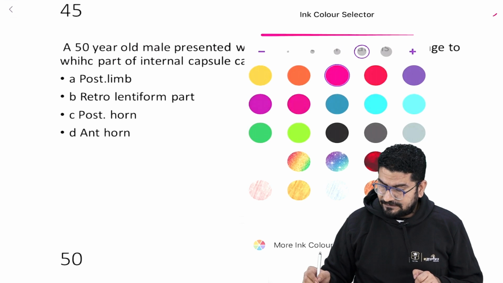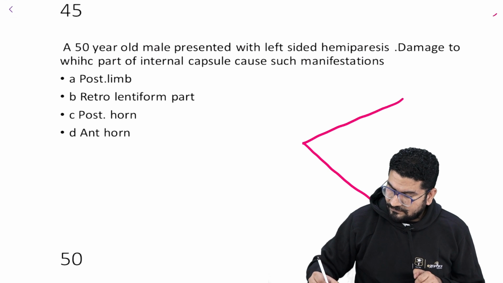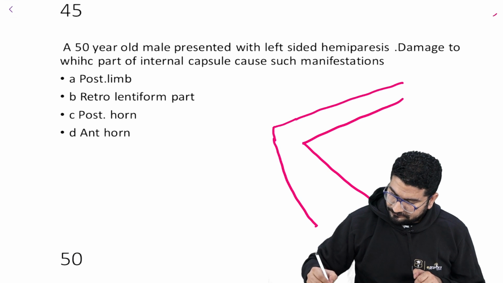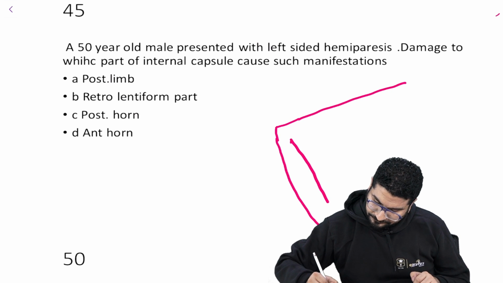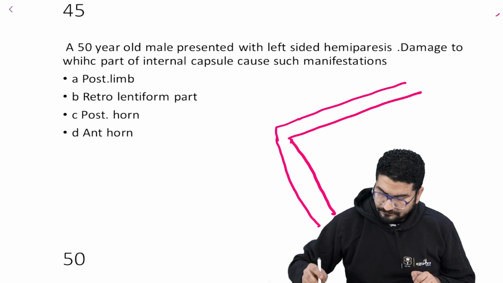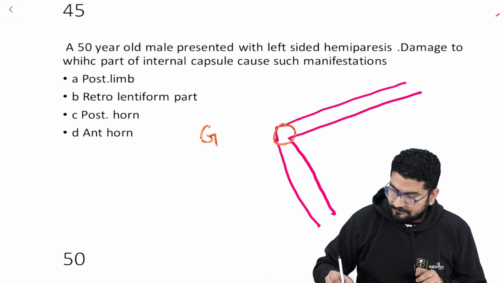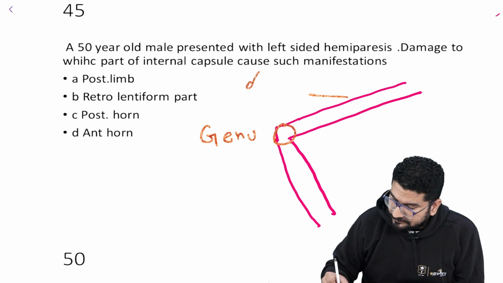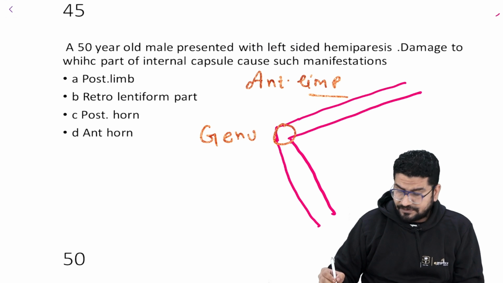So if I draw the structure of this internal capsule, in the internal capsule we have different parts. Let me say this is the genu, right? If you see, this will be your anterior limb, and this will be your posterior limb.